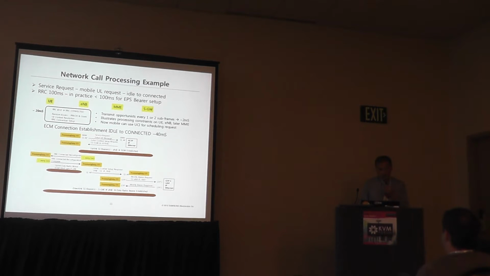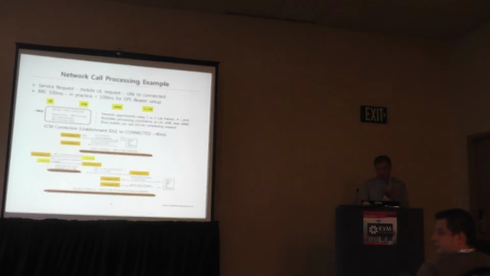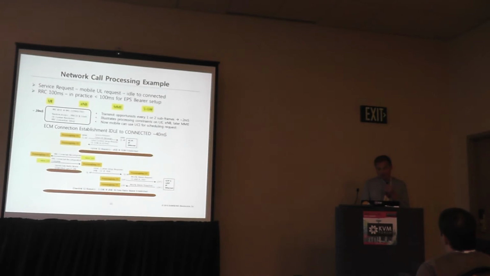You have about 20 milliseconds for the UE to connect to the eNode B, and this is what we call the RRC connected state. At that point, the UE is able to issue scheduling grants and is able to talk to the core. Then we have an additional 40, 50 milliseconds where we could be fully connected, where the bearers are established, and now we can talk end-to-end.